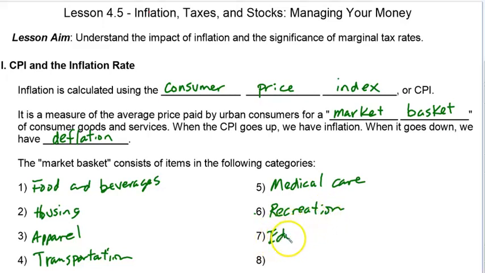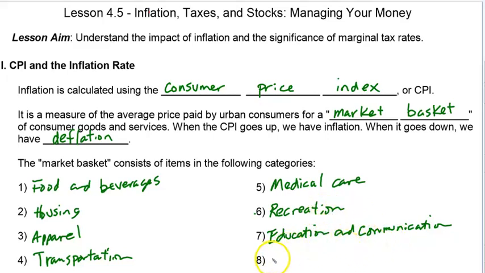Education and communication is one category. So tuition, fees, all the costs associated with education, and then communication, cell phone cost, computer, all the different communication areas.